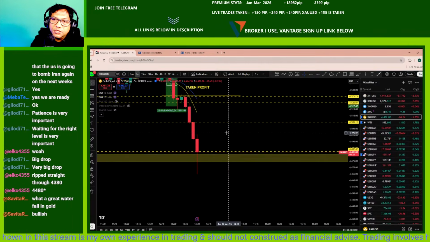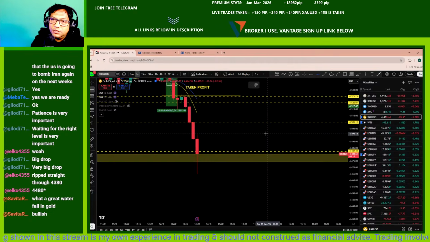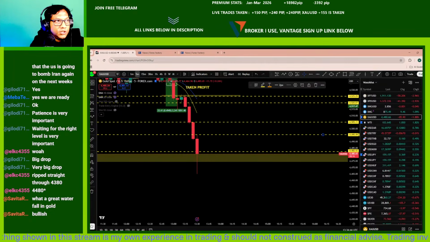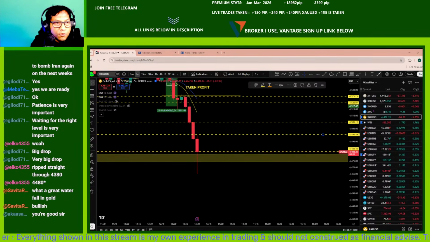If any of this initial resistance line is broken, we see that that has formed. We will be looking at an entry at this level.